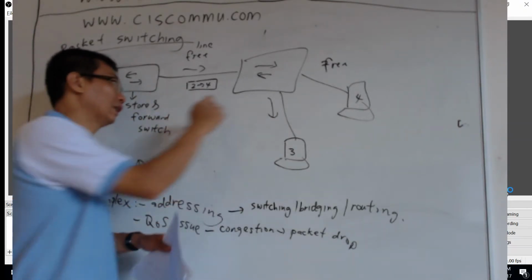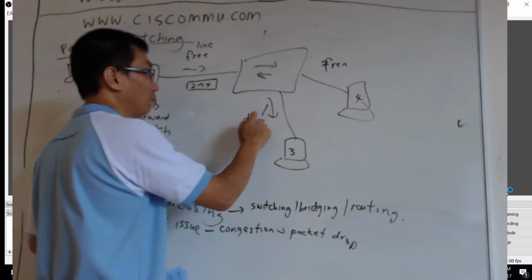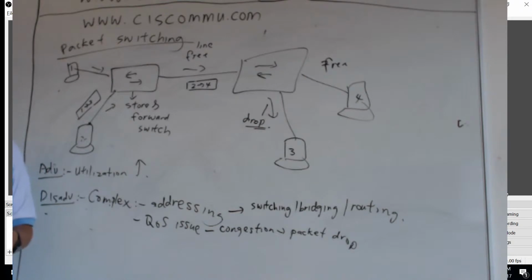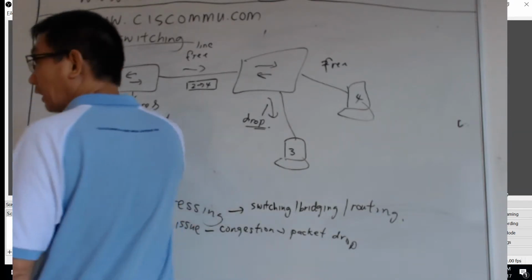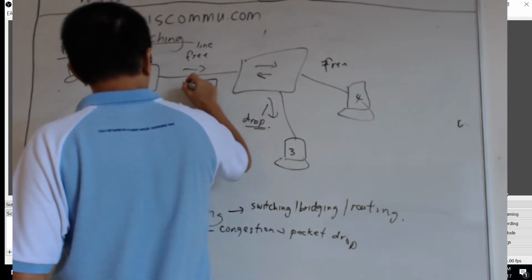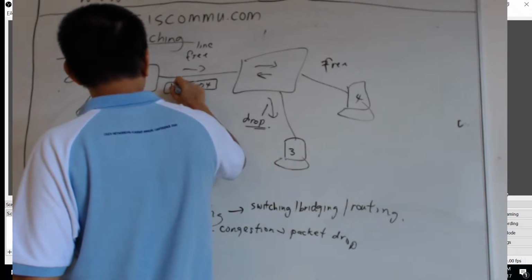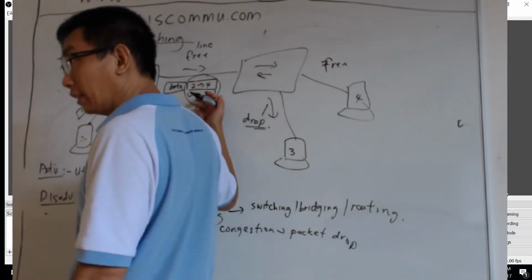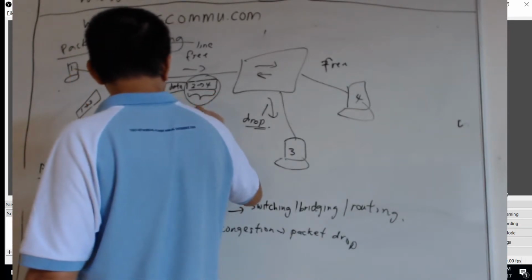Then packets may drop. Also, since you need addressing, every packet you send, this is your data, you might need to put in some addressing information. So it's an extra overhead.